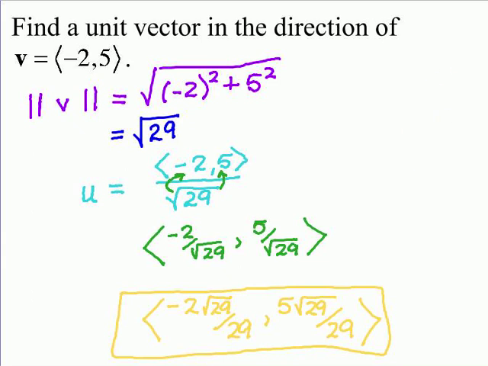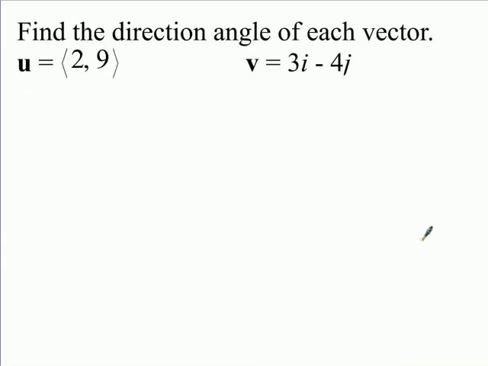We've got one final thing to do, and that's to find the direction angle. Okay, so we're going to find the direction angle of each vector. So that first vector, u equals 2, 9.